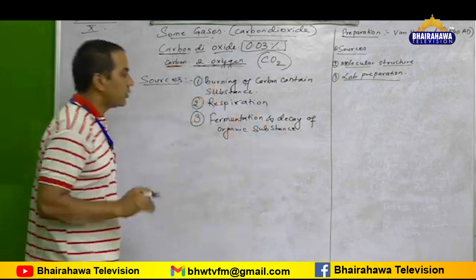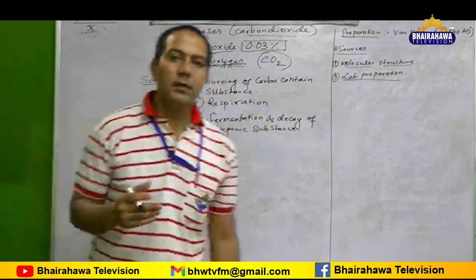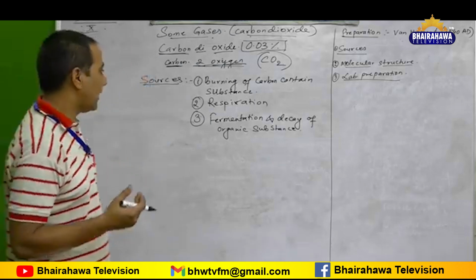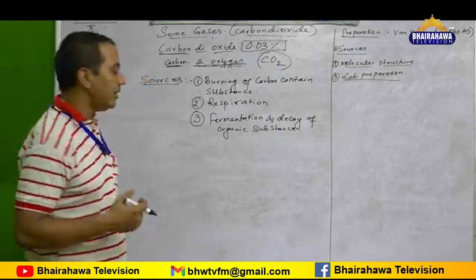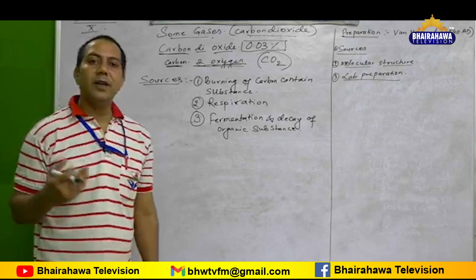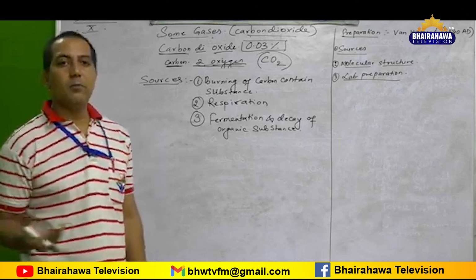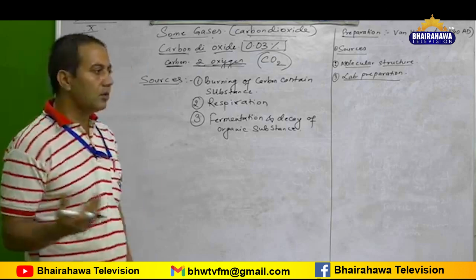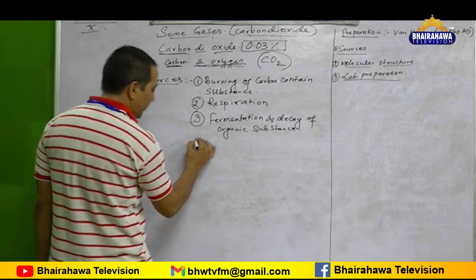Fermentation is the preparation of alcohol. While preparing alcohol, carbon dioxide is also formed. And decay means decomposition of organic substance. At that time also carbon dioxide is liberated.